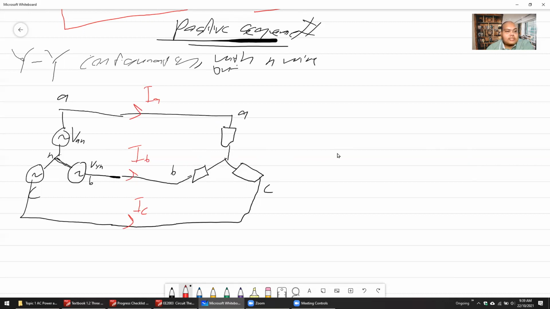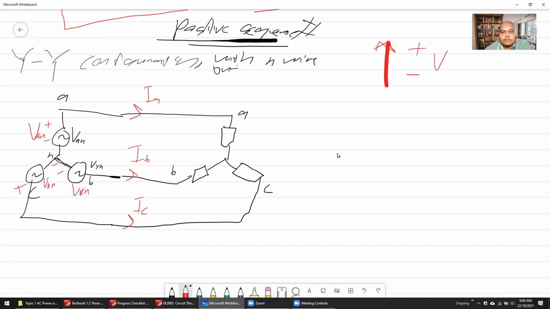For the voltage, you can either use arrow or positive, negative. So this one is VAN plus minus, VBN minus at the end, plus, and this one is minus VCN.